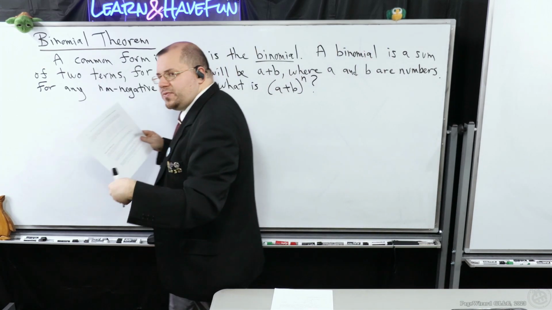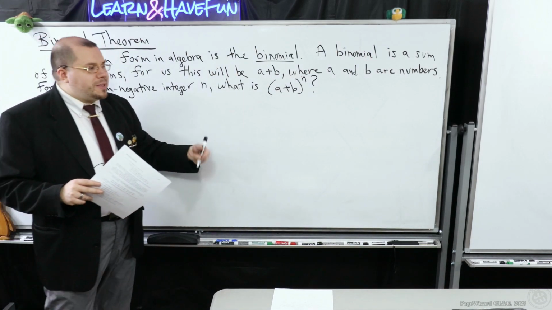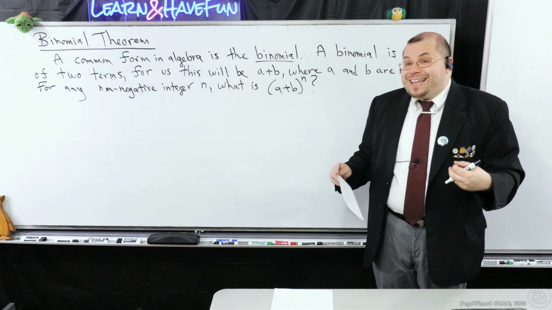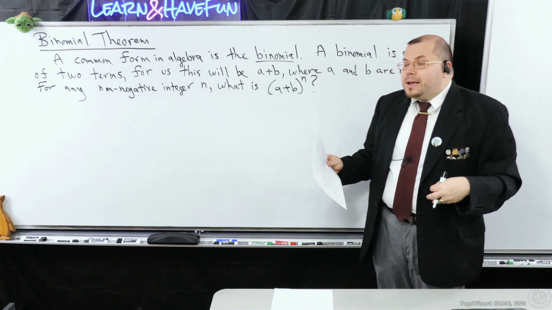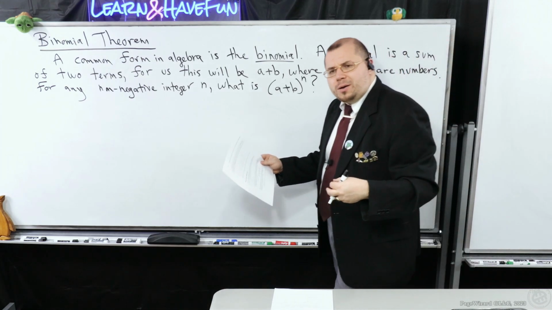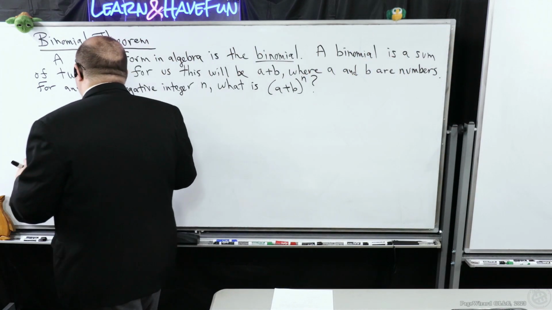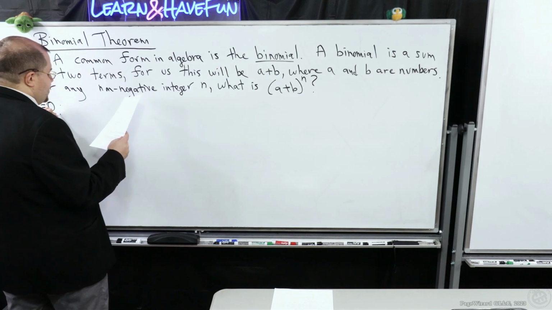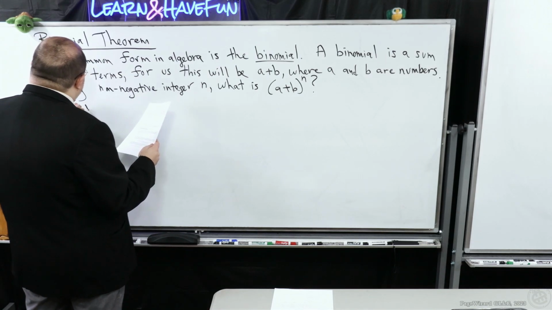So let's explore this for some values of n. We're going to re-explore some topics you may have seen before. So first, let's consider when n is equal to 0. Well, a plus b to the power of 0.